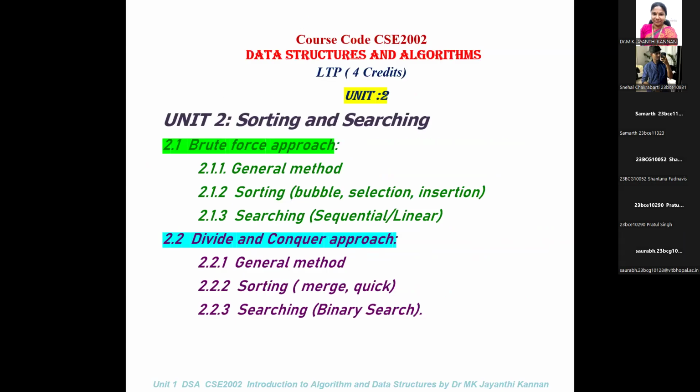How many of you checked your Google Classroom? For the last 2 weeks, the programs that we discussed were binary search, linear search, then bubble sort, selection sort, and insertion sort.